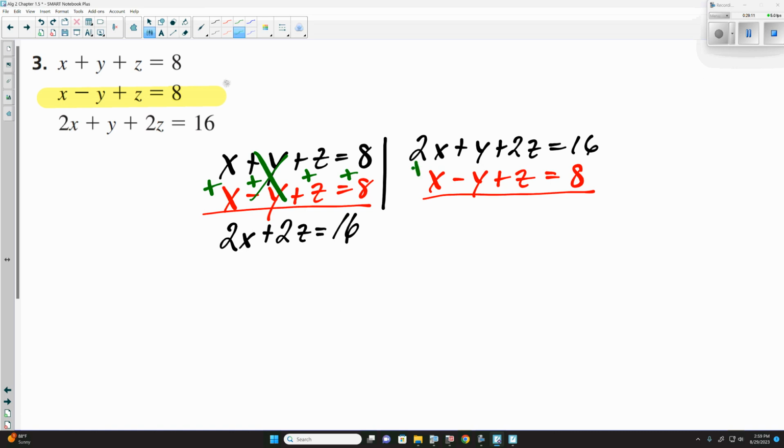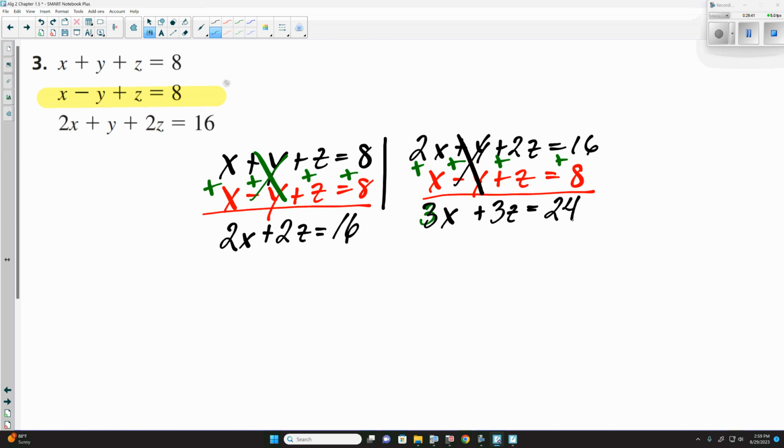Add again, because these signs are opposite for our y's. 2x plus x is 3x. y plus negative y is indeed 0. 2z plus z is plus 3z. And 16 plus 8 is 24. Questions on any of this here?